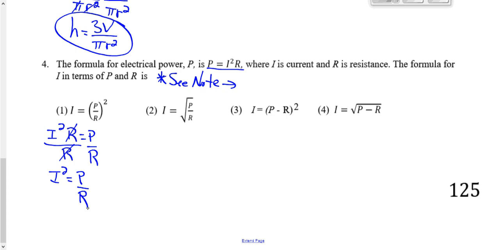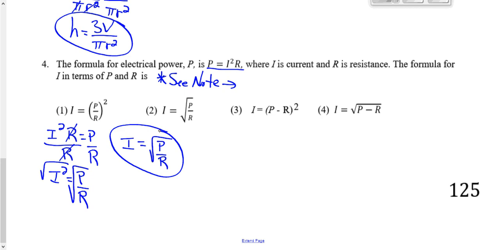I want just I by itself. How do I undo the squaring of that I? I take the square root, but what I do to one side, I do to the other, just like everything else. Okay? And so what does that give us then? I equals the square root of P over R. Simple as that. So choice 2.